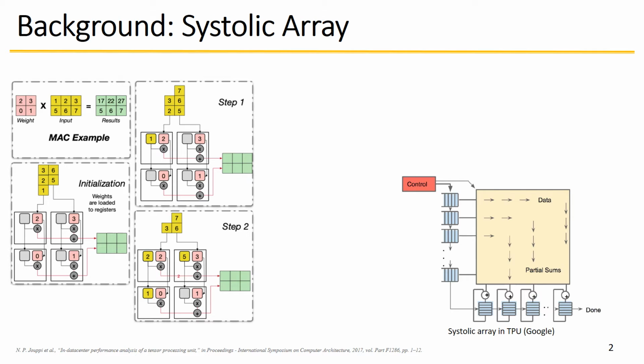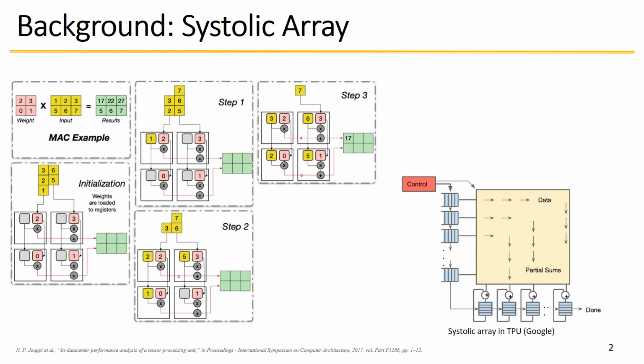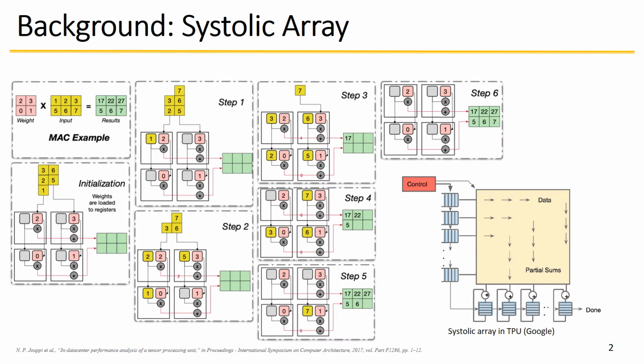In step 2, input 1 is transmitted to the downstream processing element, and product 2 is transferred to the right processing element for addition. In step 3, the final result 17 is stored in the appropriate position of output buffer. Each processing element performs similar functions, and the whole systolic array can complete the multiply-accumulate operations.